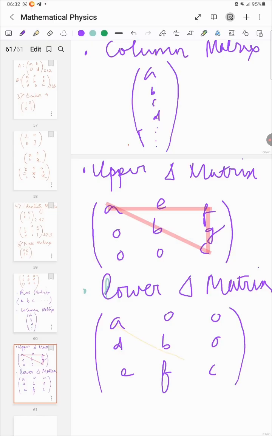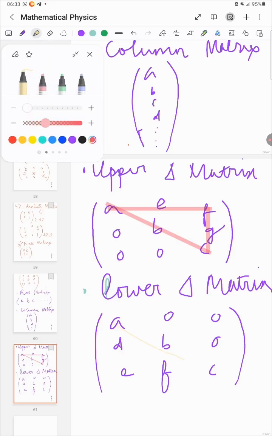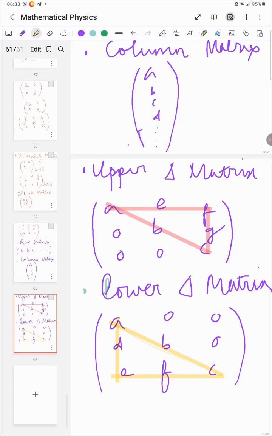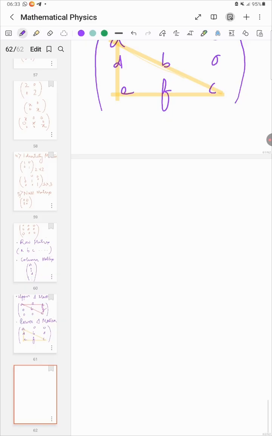Again, this forms a lower triangle, isn't it? Because the elements above the principal diagonal are all 0, the matrix basically consists of elements below the principal diagonal, which forms a lower triangle. So this is why it is named lower triangular matrix.